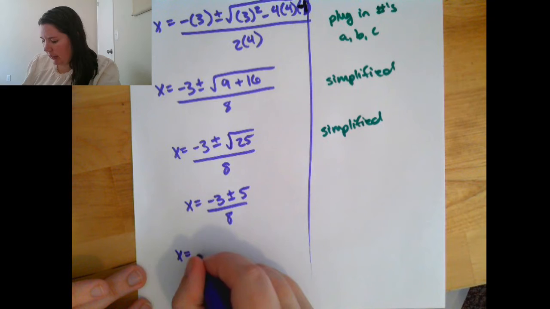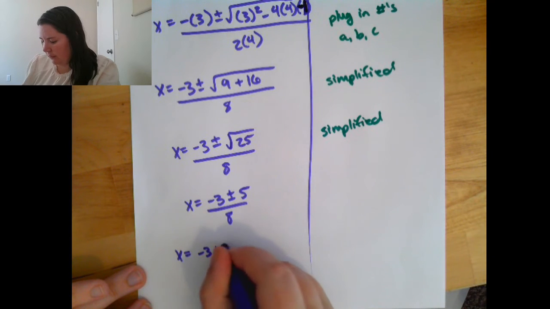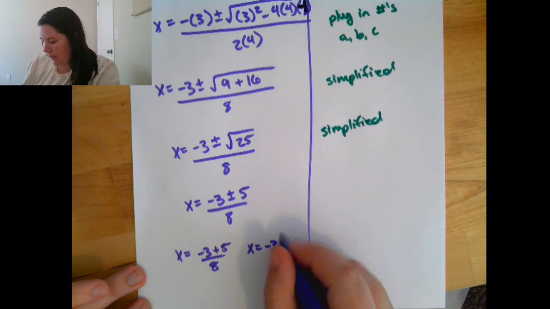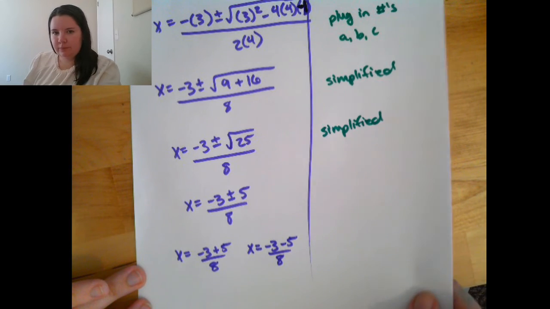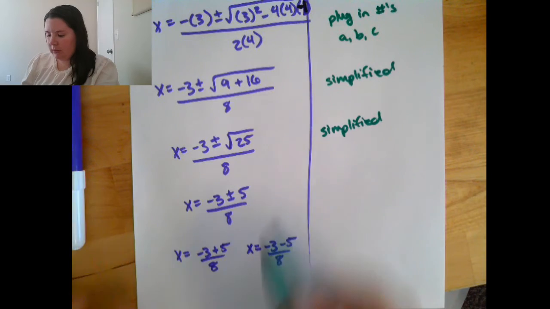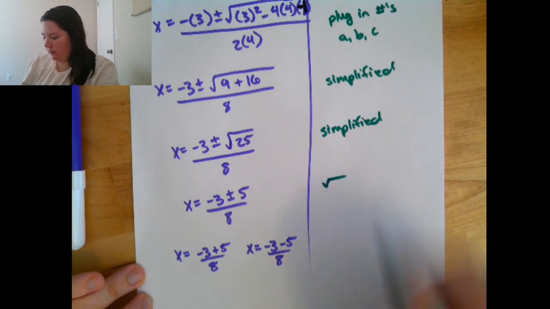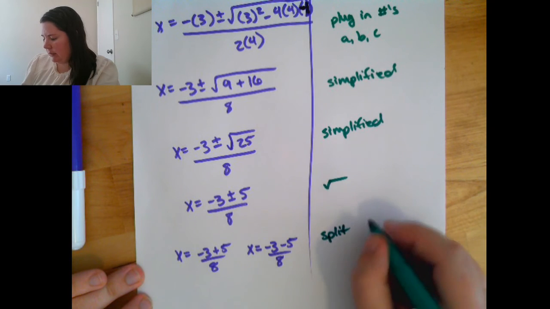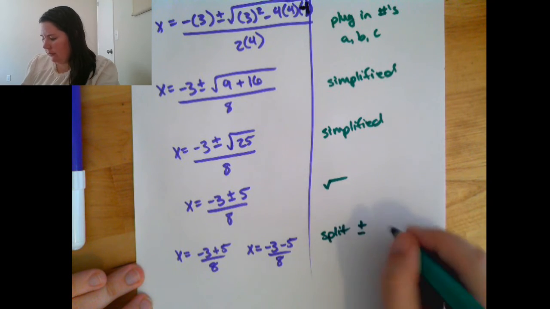X equals negative 3 plus 5 over 8, and x equals negative 3 minus 5 divided by 8. So what happened here is I just did the square root. What happened here is I split the positive, negative versions.